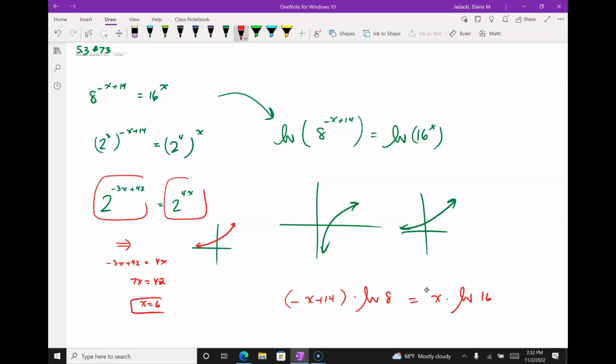We learned a property. In fact, I proved it. That when I'm taking the ln or any log of something raised to a power, the power comes out as a coefficient.